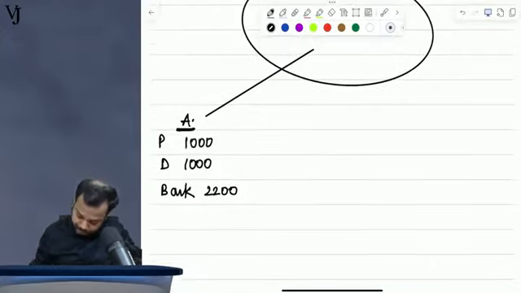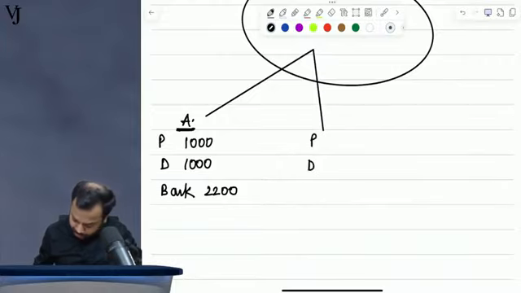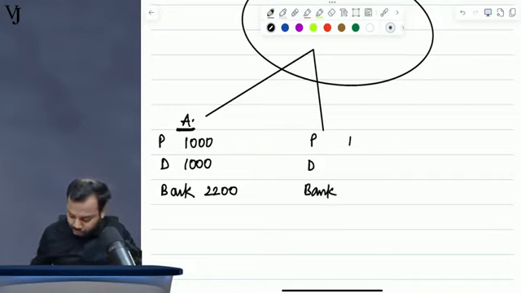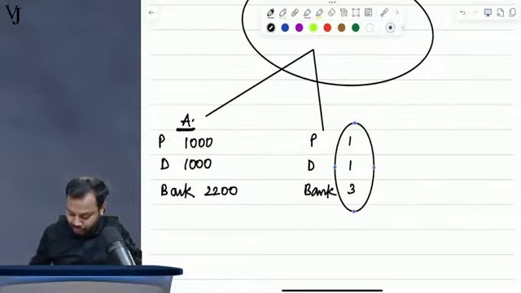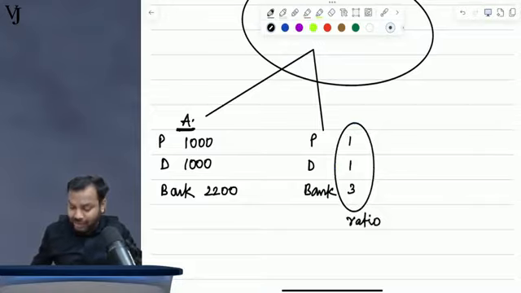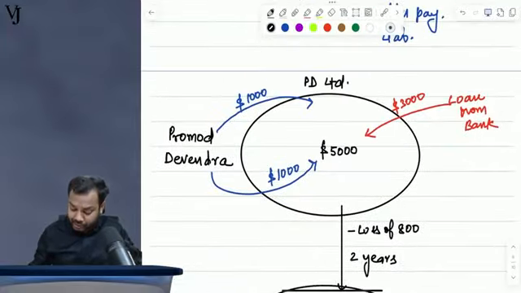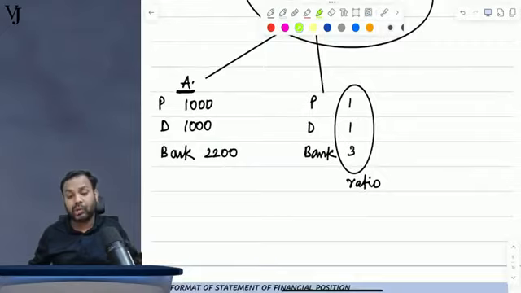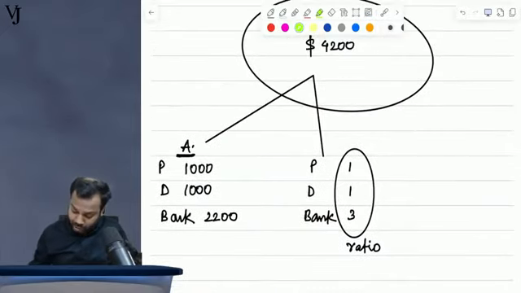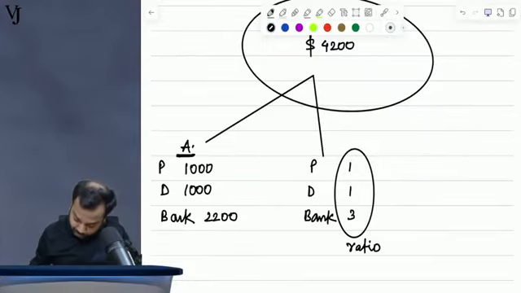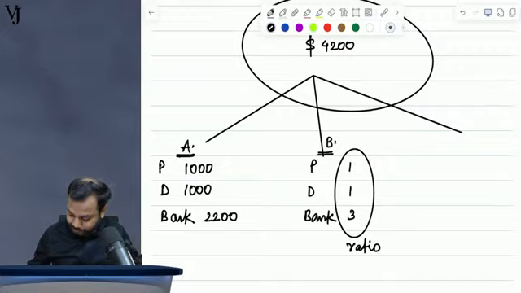Or Pramod, Devendra and bank will take in the ratio of 1:1:3, because in this ratio they initially brought in the funds, right? So in 1:1:3, they will take the funds also. This is option number B. Option number C.